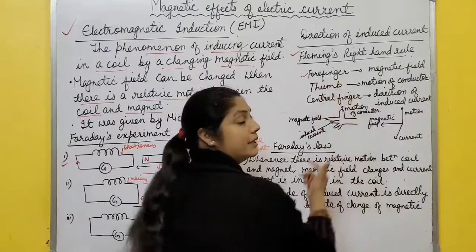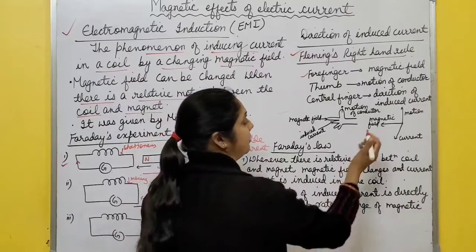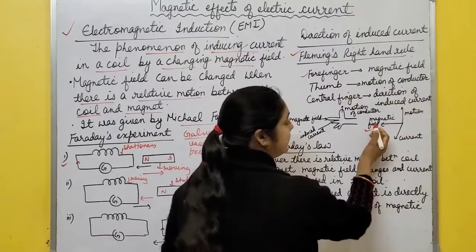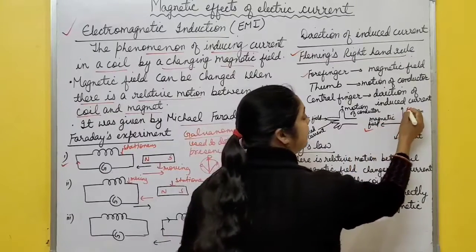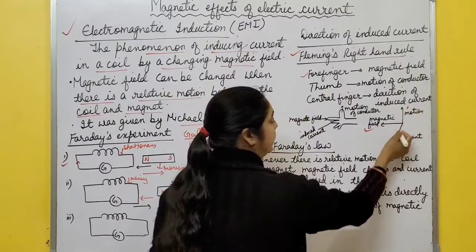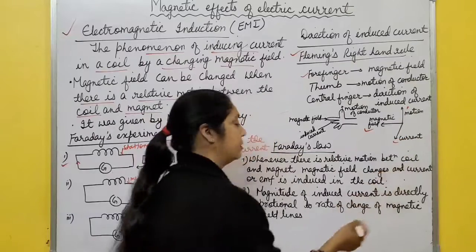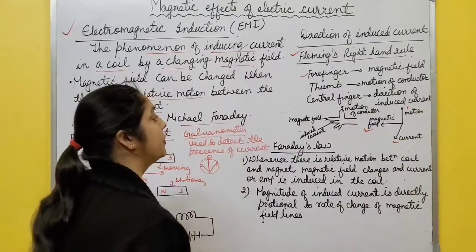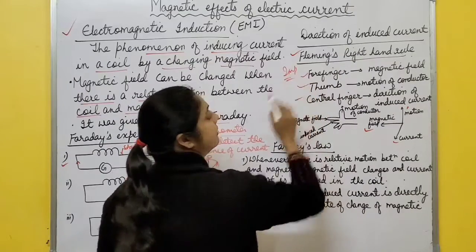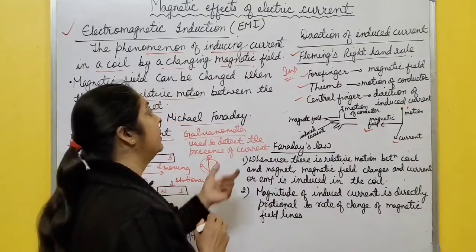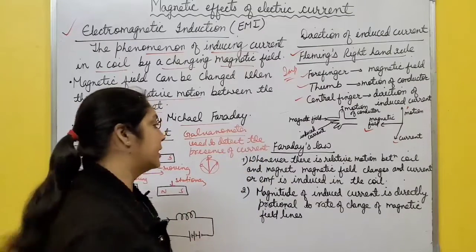This is Fleming's right hand rule. If the forefinger represents the direction of magnetic field, the thumb represents the motion of the conductor, then the central finger represents the direction of induced current. So hope it's clear to all of you. This is very, very important. This one is Fleming's right hand thumb rule. It is used to give the direction of induced current.